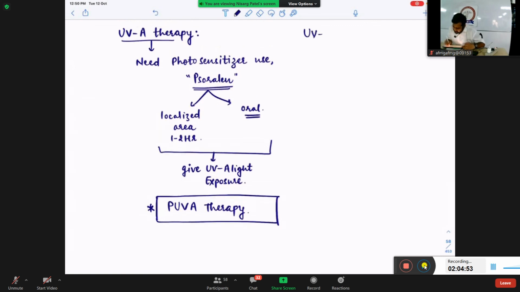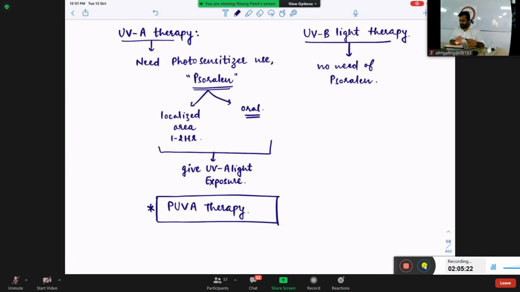We can also use UVB light therapy, ultraviolet B light therapy. In this, we do not require Psoralen. There's no need of the Psoralen.